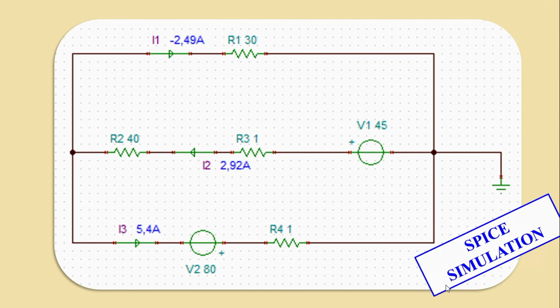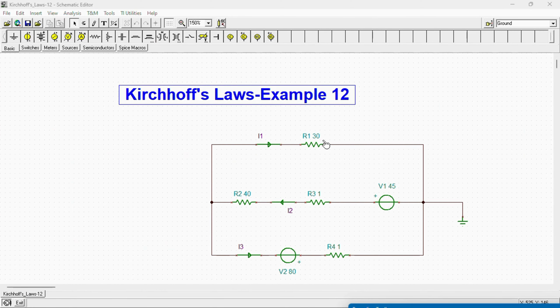After we finish calculating, we do a simulation using the SPICE simulator in order to verify our calculation. Let's go together to the SPICE simulator. Here is the simulation using the SPICE simulator. We see here the value of R1, 30 ohms, R2, R3, our voltage source V1, resistor R4, and the voltage source V2.